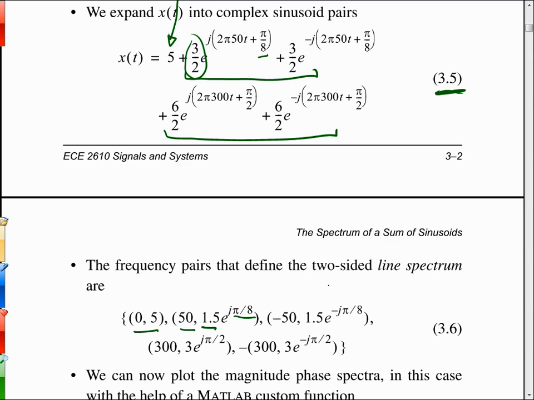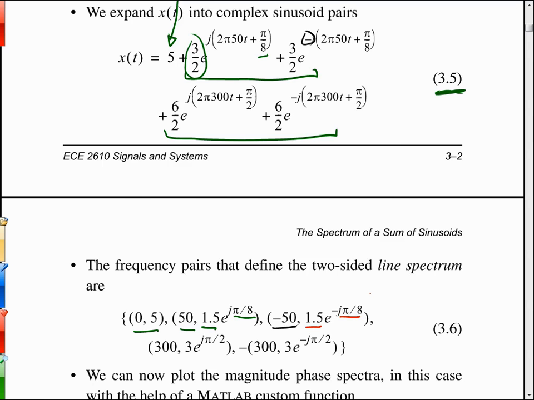And then at the minus frequency, minus 50, because of the minus sign in here, we have the same amplitude of 1.5, but a phase of minus pi over 8. It's always going to be equal and opposite from the phase at the positive frequency.